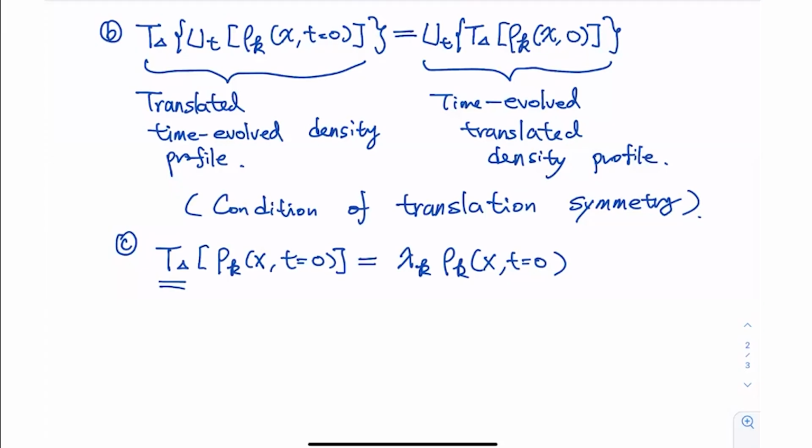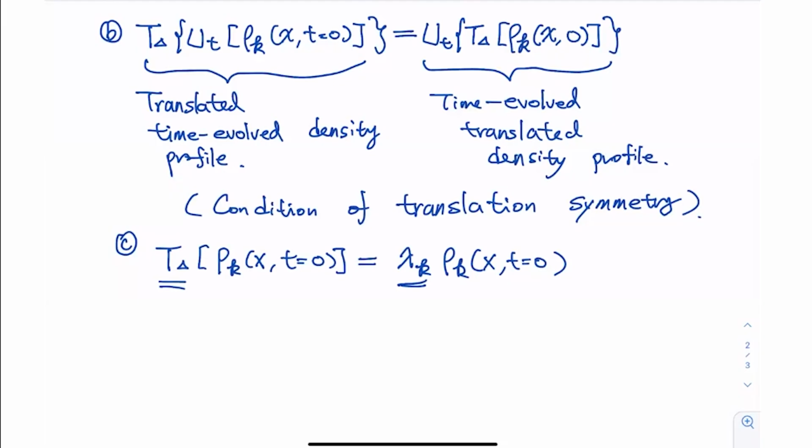However, if you are able to find the eigenvector or the eigensystem of your translational operator, then using the definition of eigenvalue or eigenvector, you can replace the operator T delta and its effect by a simple number lambda k, which is the eigenvalue. So that simplifies your analysis.